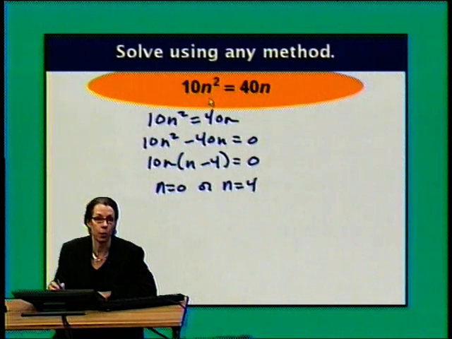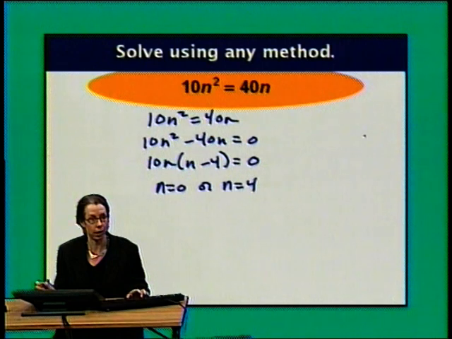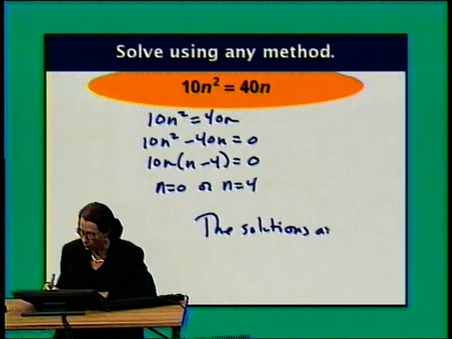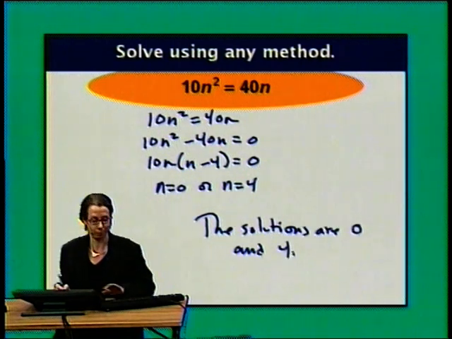Well, 4 squared is 16. 16 times 10 is 160. 40 times 4 is 160. So both solutions check. So the solutions are 0 and 4.